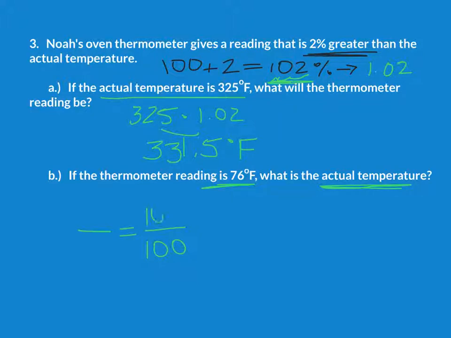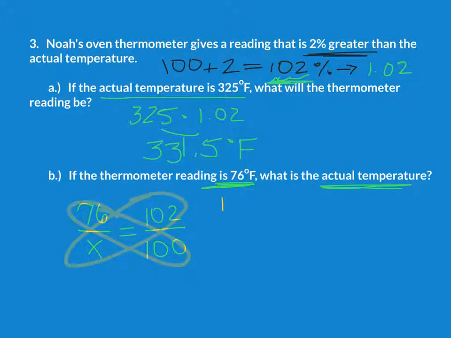So we're going to put 102 on top, and we know that the temperature on the thermometer, which is that 102%, is 76. So that's going to go over here. And the thing we don't know is the actual temperature, which is on the bottom. Of course, I'm going to be cross-multiplying.